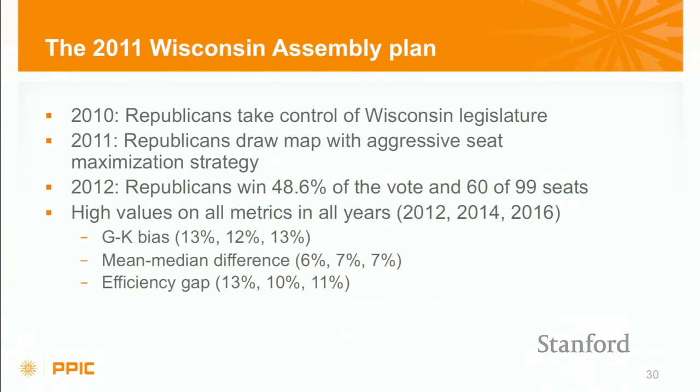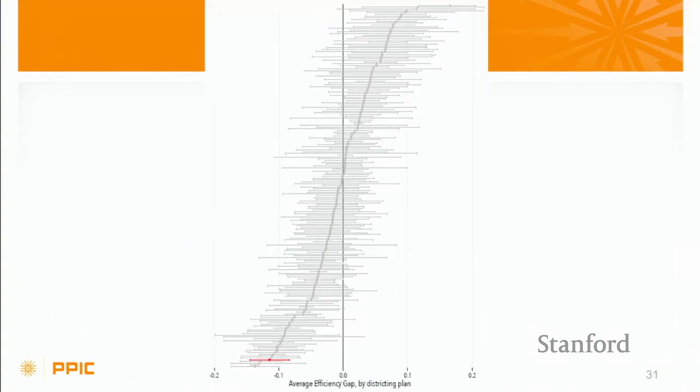And if you calculate all these other metrics for the Wisconsin plan, they're all really high values, all three of them. So the plaintiff's expert witness, Simon Jackman, who actually used to be a professor of statistics and political science here at Stanford, he's now gone home to his native Australia, but still involved in these cases.